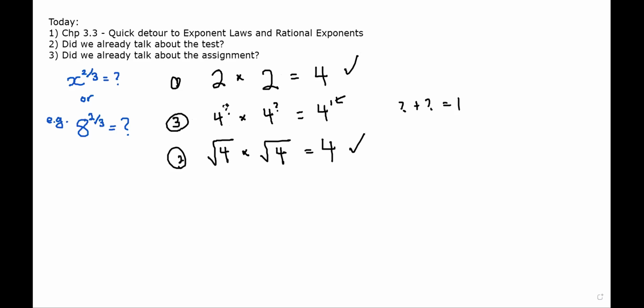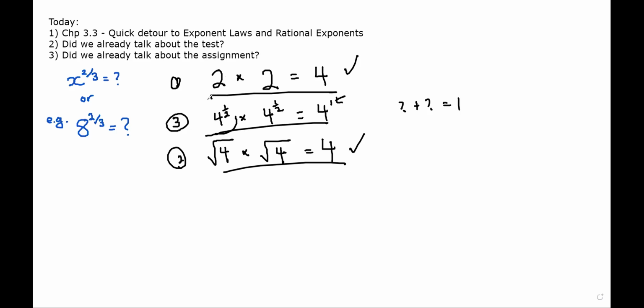Half. Is there any other possibility? Is there any other one and possibility? 0. It could be 1 and 0, but remember, these two numbers have to be exactly the same because these two are the same and these two are the same, so I'm assuming these two are also going to be the same. Right? So again, my argument is I'm writing the same statement in 3 different ways.